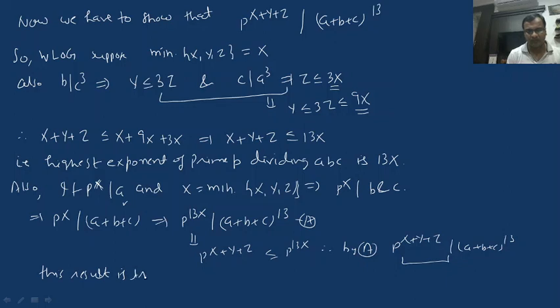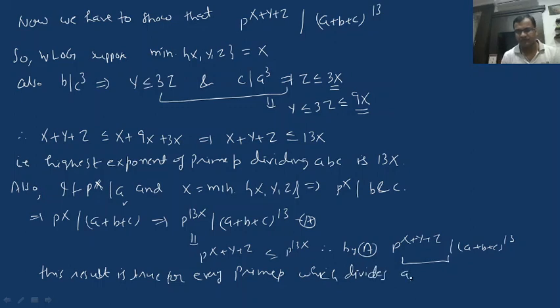This result is true for every prime P which divides A, B and C, and hence we can say that ABC definitely divides A plus B plus C raised to the power 13. Hence proved.